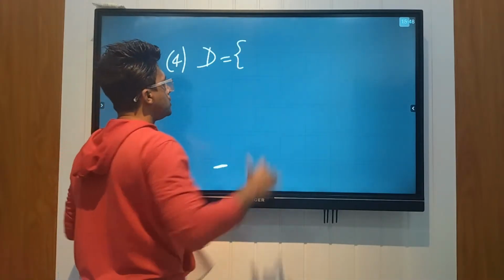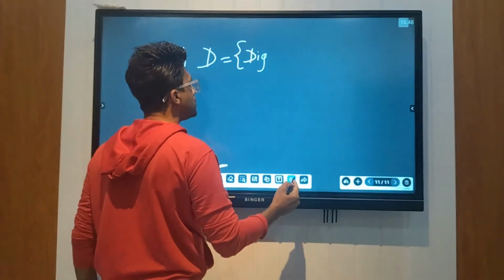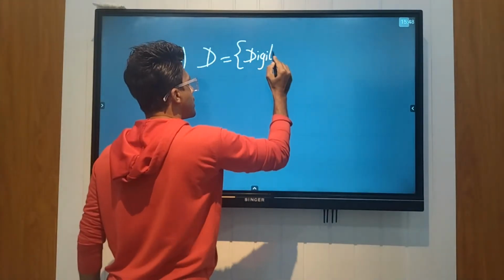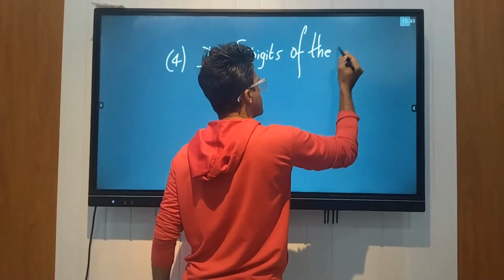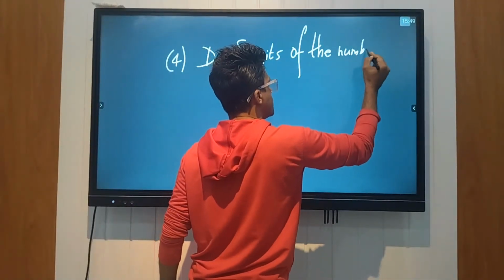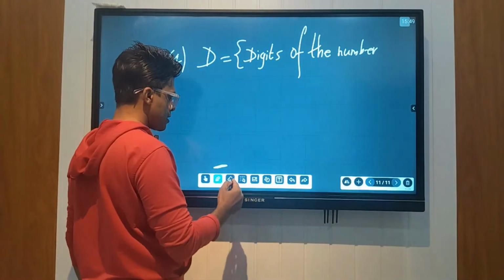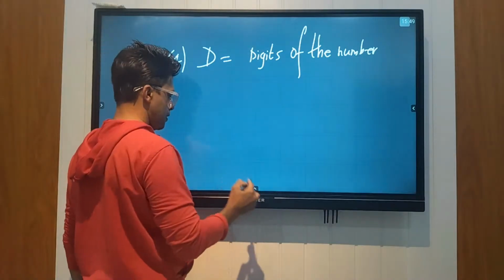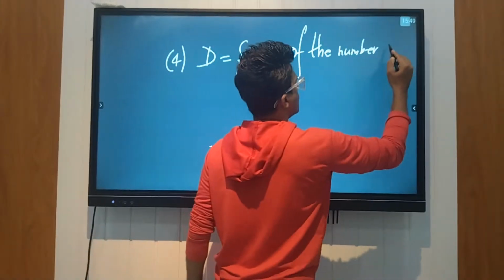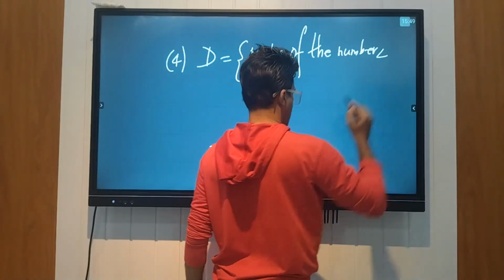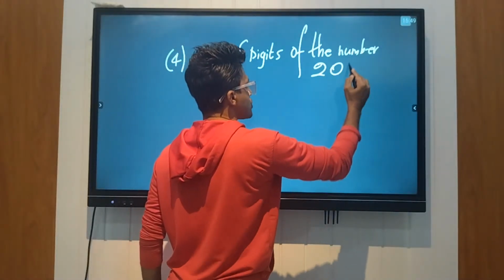Digits of the number. I write a number here, 2005.